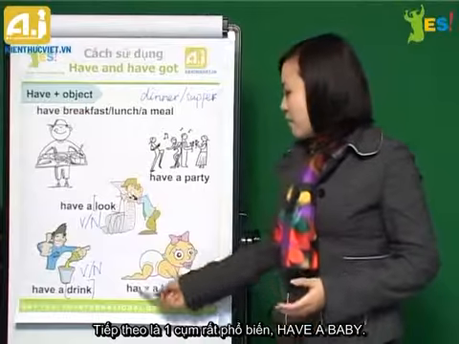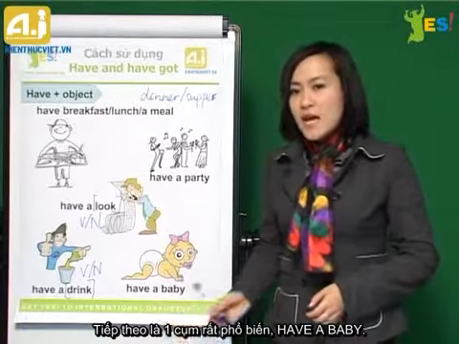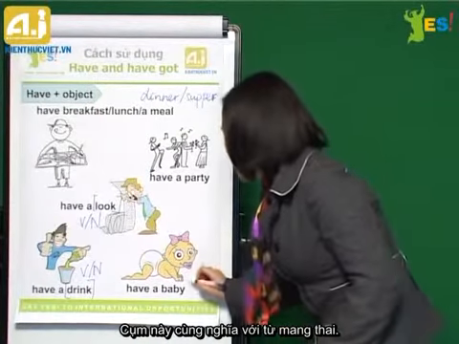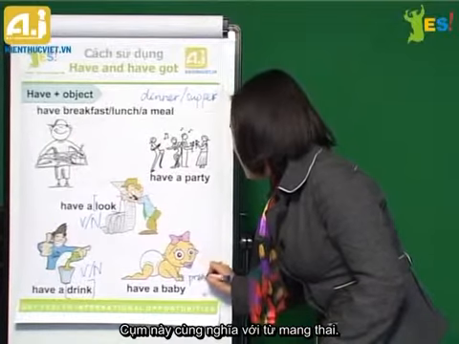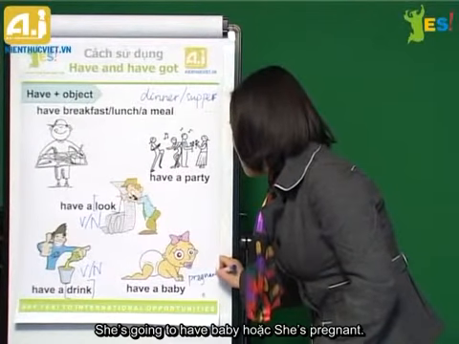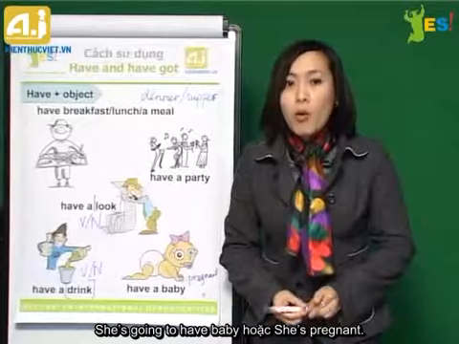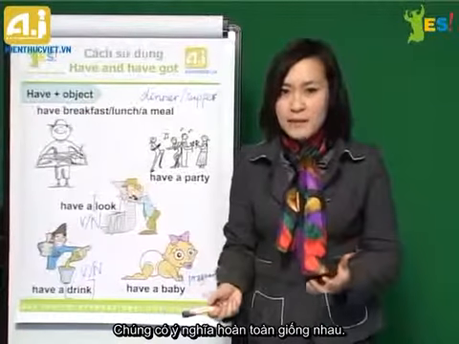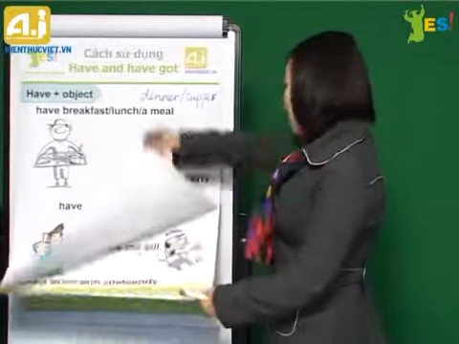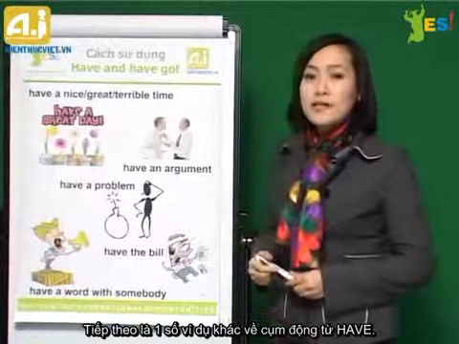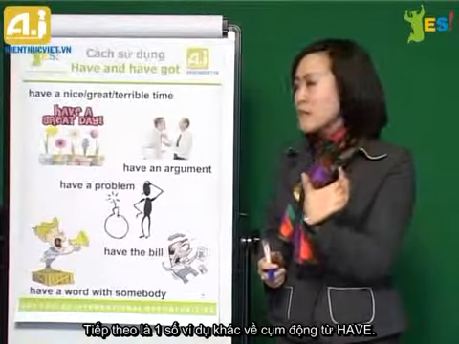Next one is the very common phrase, have a baby. And this one has the same meaning as the word pregnant. She's going to have a baby, or she is pregnant, so it's the same. We have some other examples of have an object.